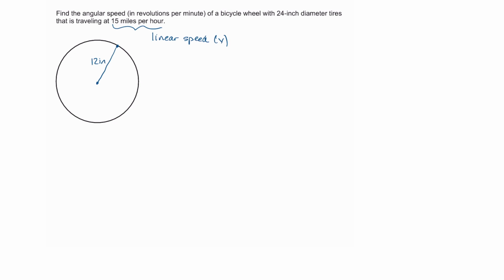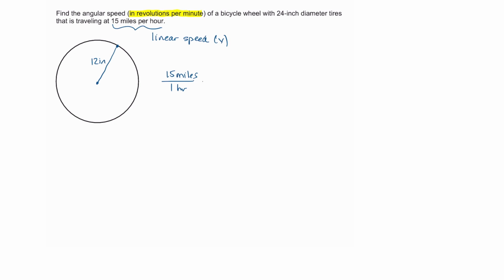So our linear speed is 15 miles for every hour. And since our target is to have the answer in revolutions per minute, we want inches in the numerator because that's the unit of measure for the radius, and we want minutes in the denominator because that's the unit of measurement of time that we desire.